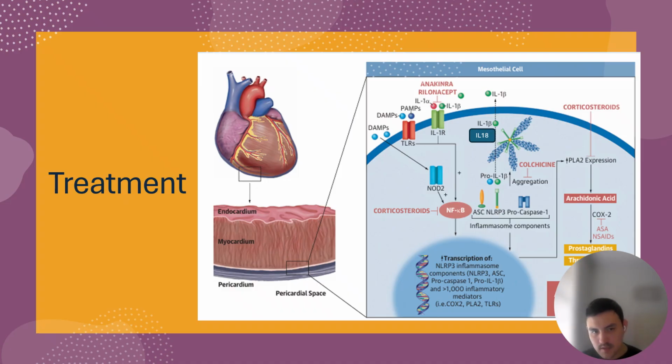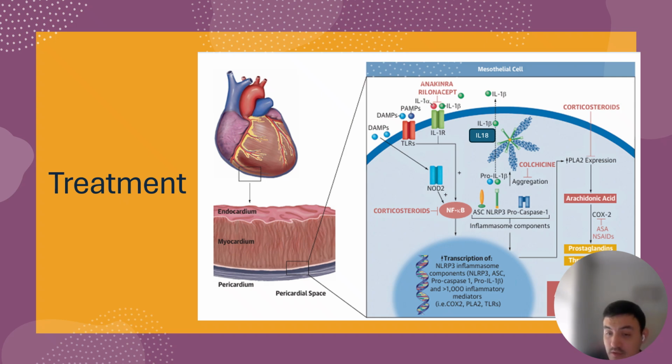Treatment. How are we going to manage acute pericarditis? The first thing we have to understand is the pathophysiology of inflammation here in the pericardium. Everything is going to start with DAMPs and PAMPs, which are those molecules that are going to stimulate toll-like receptors.